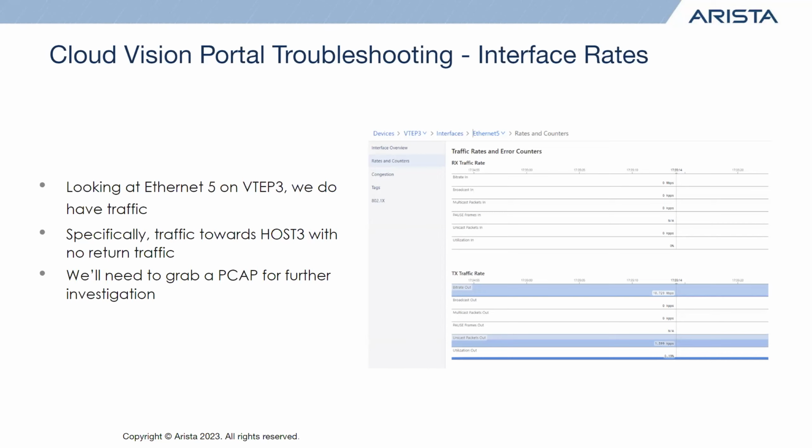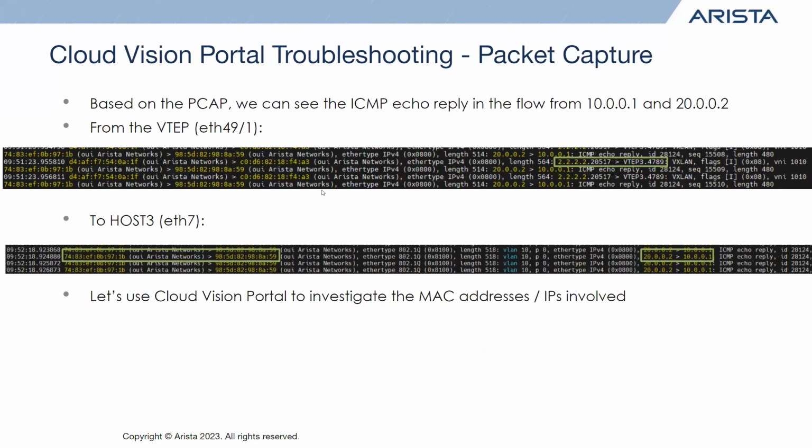For further troubleshooting, we're actually going to leverage a traditional PCAP in complement to CVP, and that'll help us get some more information similar to the more traditional troubleshooting methods that Diogo just went over. So we can see based on this PCAP, we have an ICMP echo reply from our standard flow from 10.0.0.1 to 20.0.0.2.